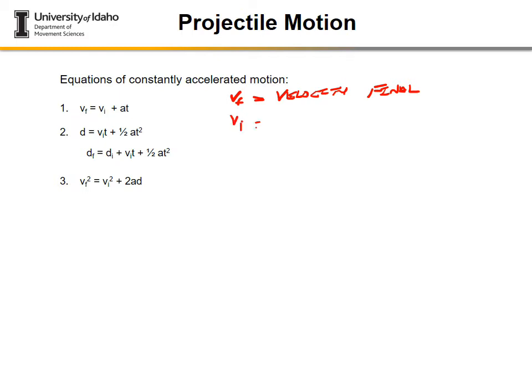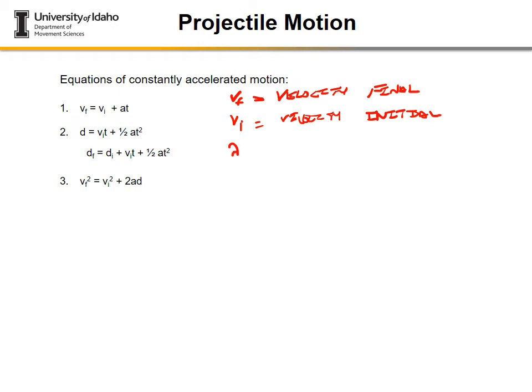Vi is the moment it becomes a projectile, so this is velocity initial. The moment it leaves the hand, the ground, or whatever is being used to project it into the air.